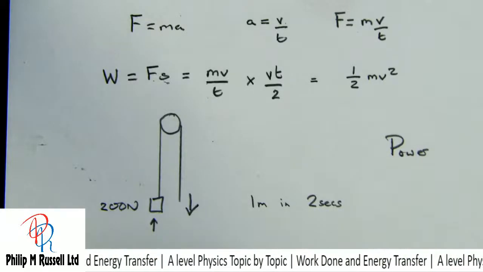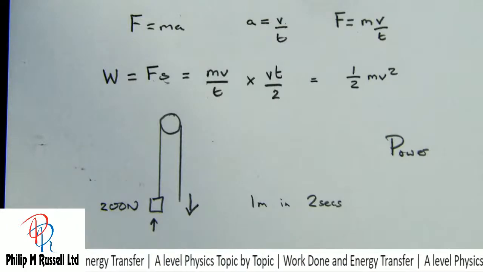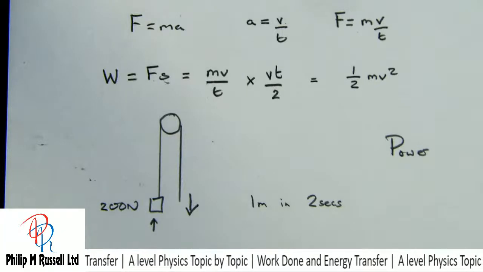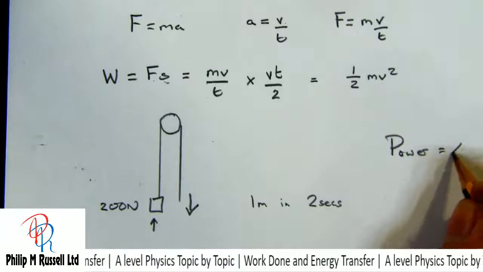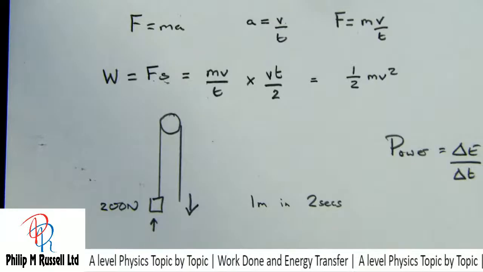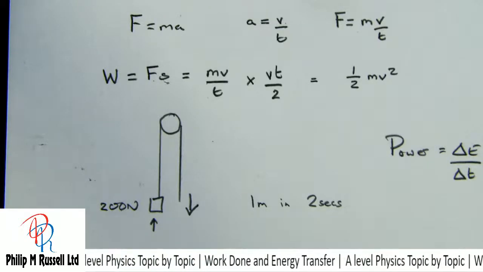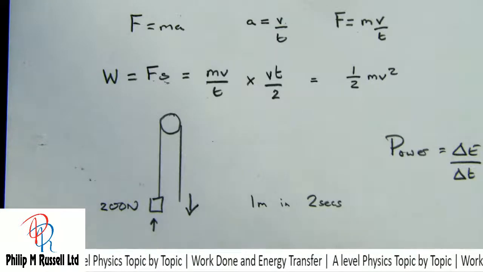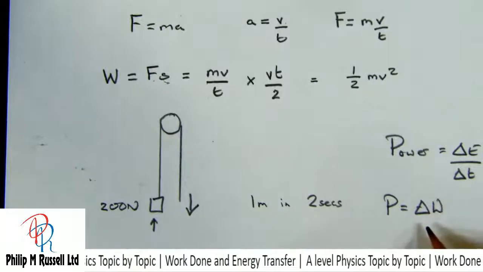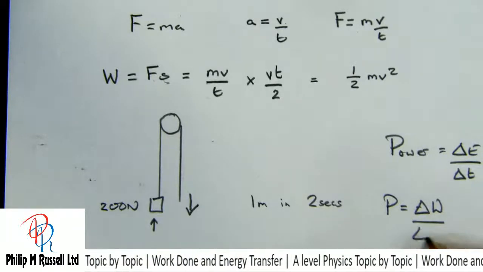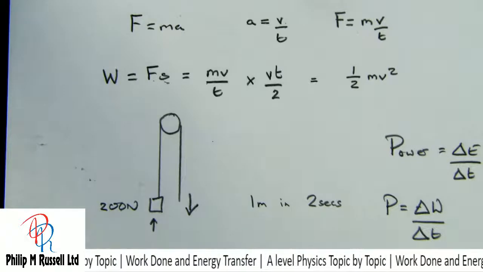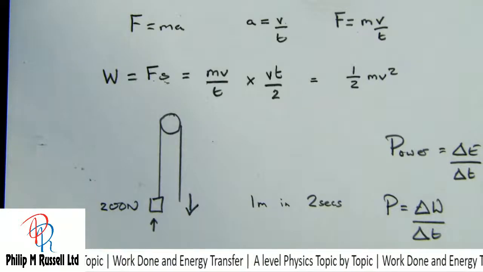Well, my power is simply going to be my change in energy in the time taken, delta E over delta t. My power here is my work done per second. So we can work out how all of these bits and pieces work together.